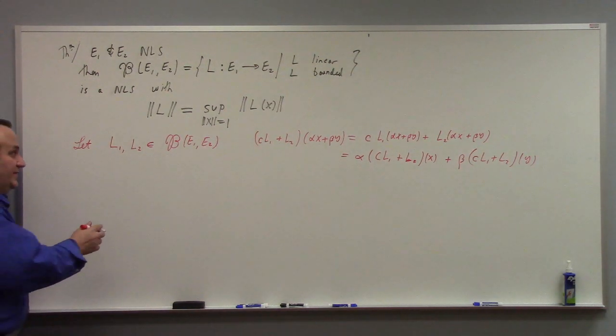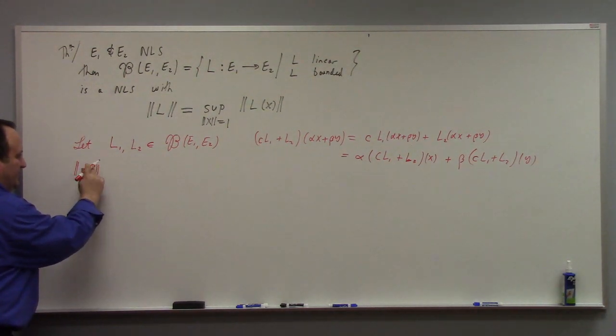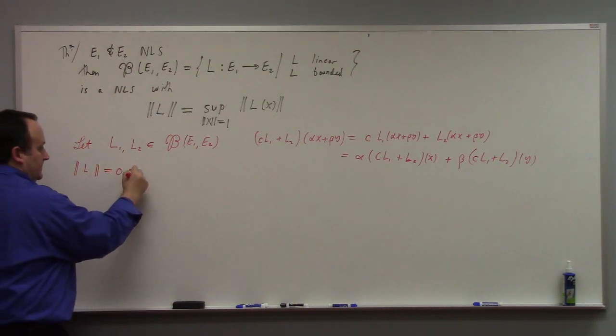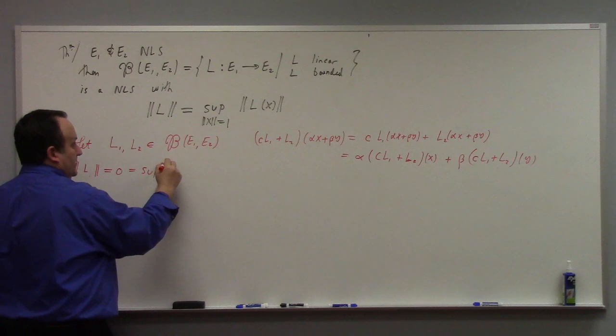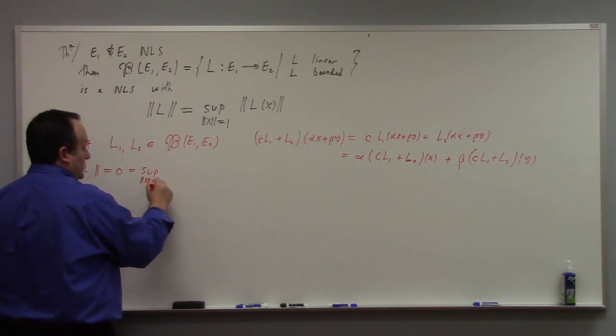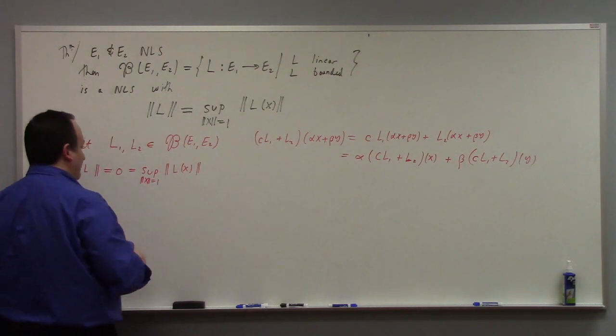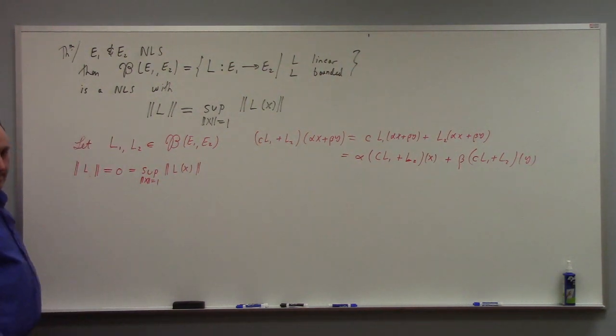Oh yeah, so let's talk about that. How about if the norm of L is equal to 0? What's that mean? The supremum of the norm of L of x over norm of x equal to 1 is 0.